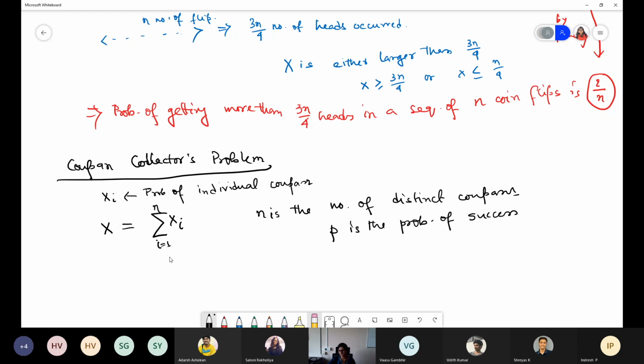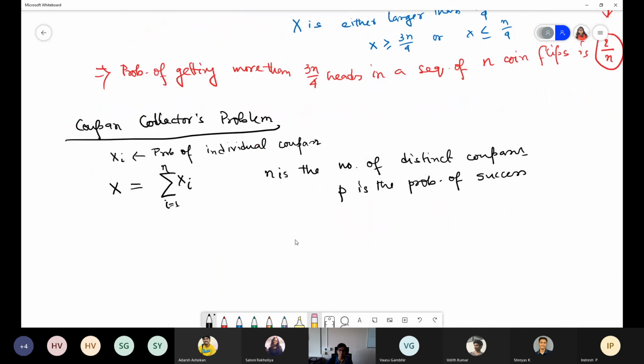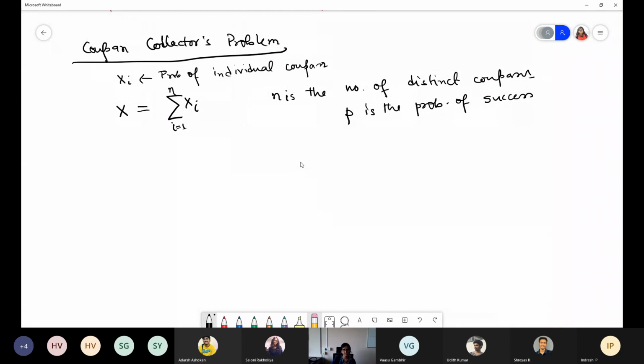Here success means that the coupon has been collected, right? And we have seen that these xi's are geometric random variables. Now, previously we computed the value of the expectation. What is the expected number of this x? X represents the total number of boxes collected.